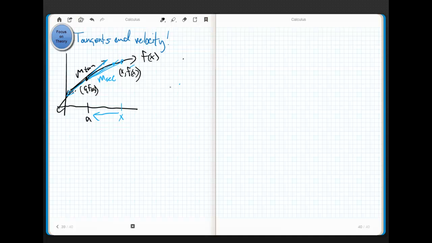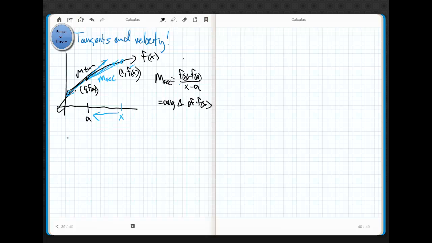So we've got points, which is wonderful. The slope of the secant line is going to be equal to f of x minus f of a over x minus a, and that represents the average change of f of x.